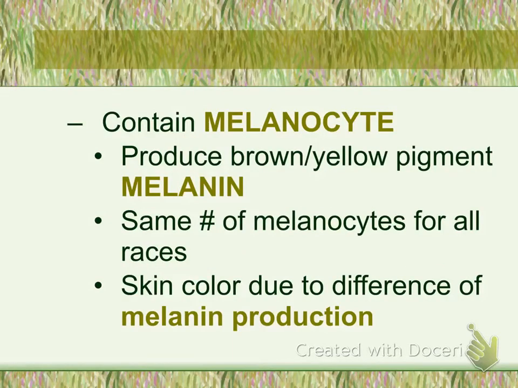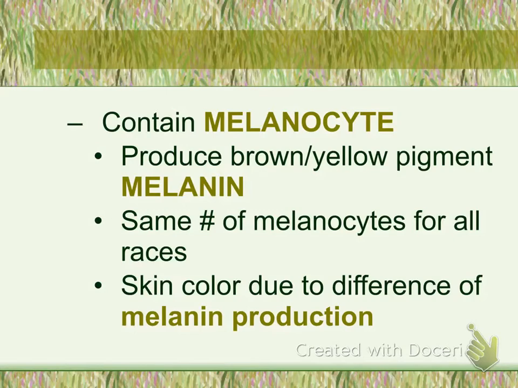Melanocytes are cells that produce melanin, and remember, melanin is the primary pigment that gives the skin its darker color, the brownish yellowish skin color, also the dark color in the eyes and the dark hair color.